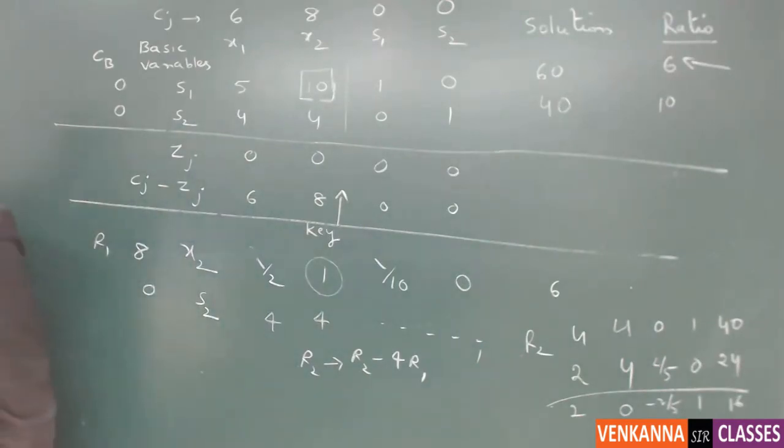How have I modified the row? So I am going to write the respective values here.